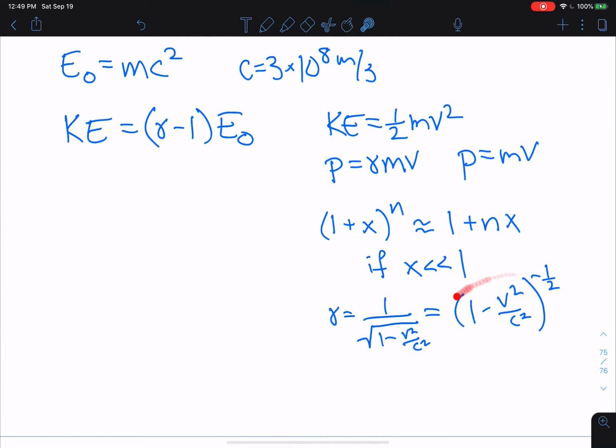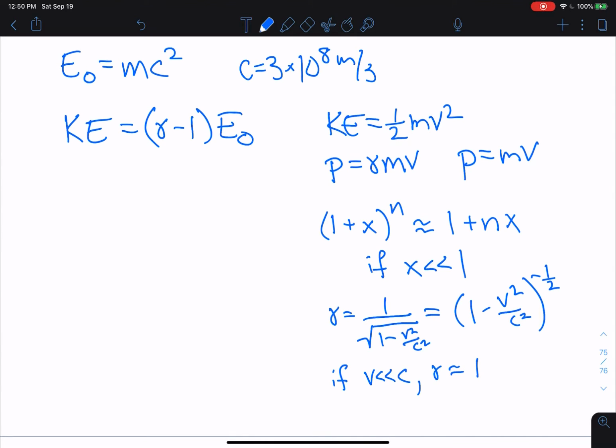Okay, so looking at this expression, this is in this form. So if we're talking about low speeds, so if v is much less than c, then gamma is going to be approximately equal to, putting it into this form here, 1.